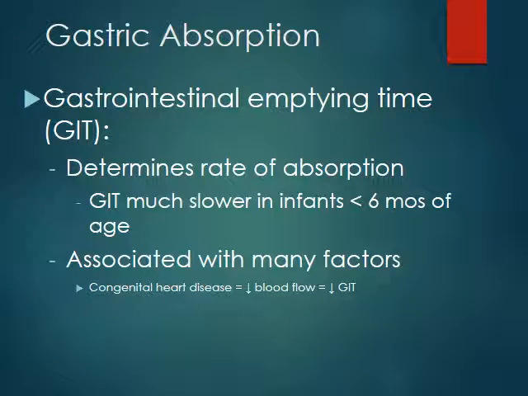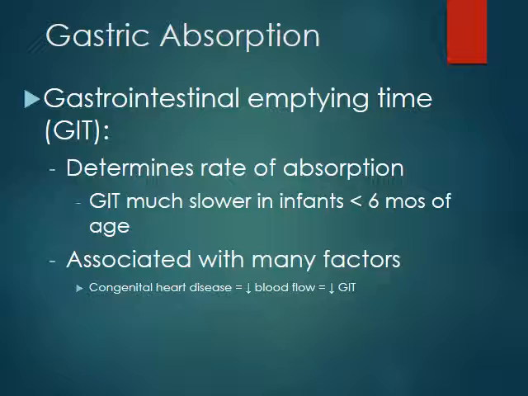In regards to GI emptying time, we also see that the transit time is going to be much slower in infants less than 6 months of age. So it's going to lead to delayed absorption of the medication. It'll probably also happen to the same extent. It just may take a longer period of time for those blood levels to reach their maximum. And then you'll see lots of different things can make this slower or faster.